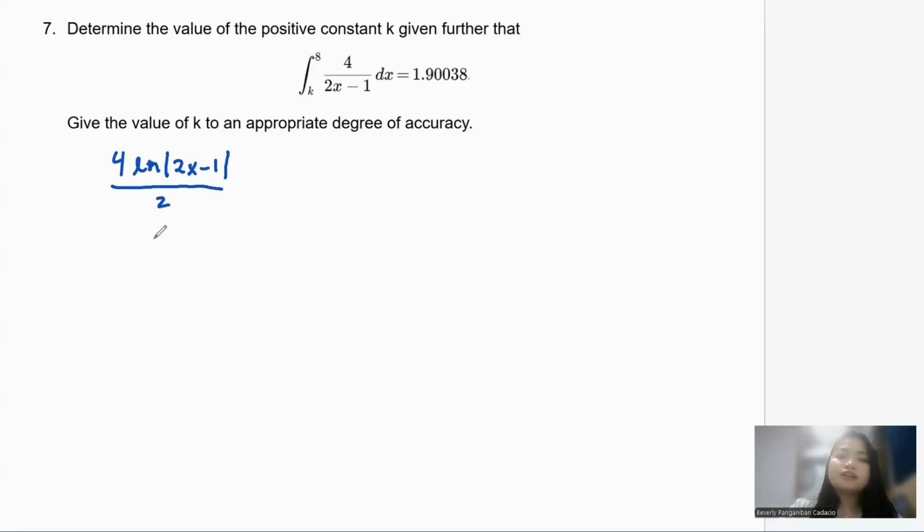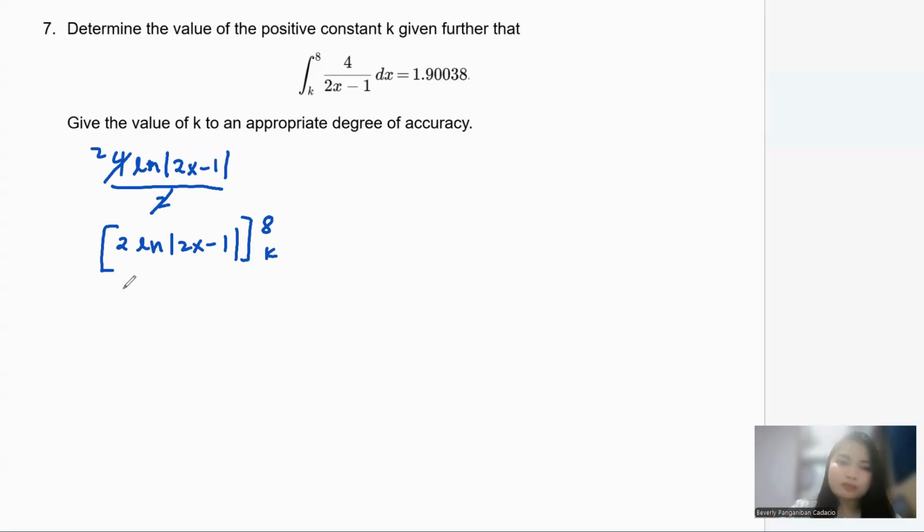Therefore, the final one will be 2 ln, because I'm going to divide that. This will be 2 ln 2x minus 1. Now, this is the one I need to integrate from what? 8 and k. You don't know what k is, but you have the value of that, so you need to manipulate it, okay? I will not put this one for the meantime.